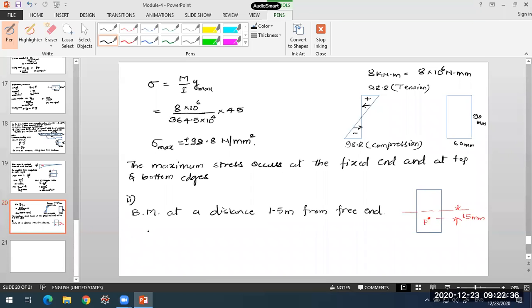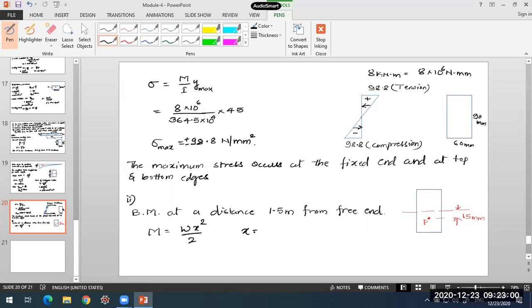So what will happen to the bending moment here? M will be equal to W L square by 2, but in this case L is not 2 meter, it is 1.5 meter. Instead of L, I can write W x square by 2. Anywhere within the span of the cantilever beam, the bending moment can be expressed as W x square by 2.